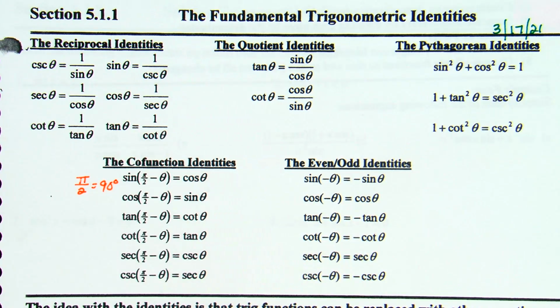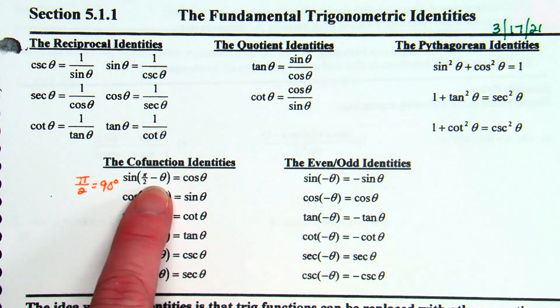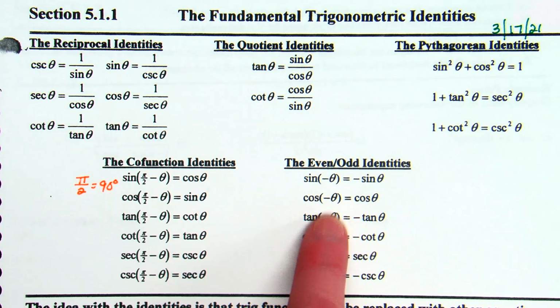However, if you saw sine of 90 degrees minus theta, that's equivalent. Okay, most things we do are going to be in radians at this point, but not all. And then my big red flag to use the cofunction identity is the fact that there's a pi over 2 minus theta here.